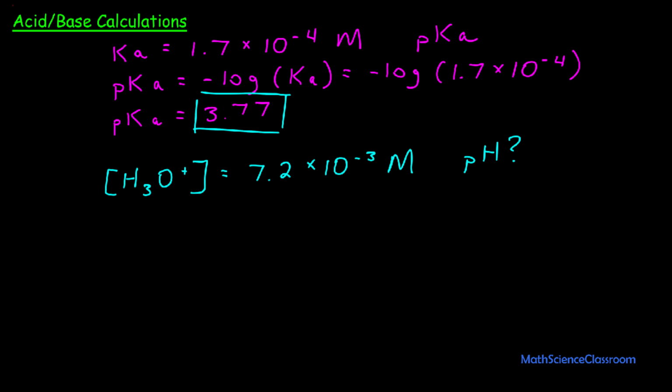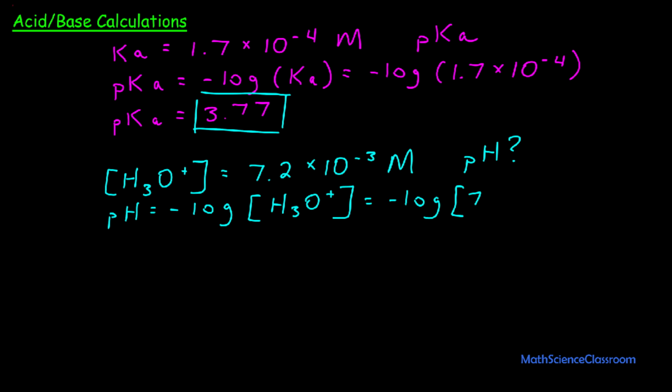Now remember, the pH equals the negative log of the concentration of hydronium, the negative log of H3O+, equals the negative log of 7.2 times 10 to the negative 3.